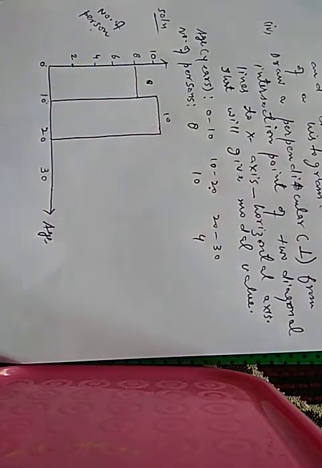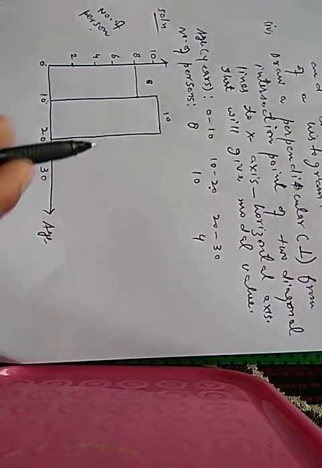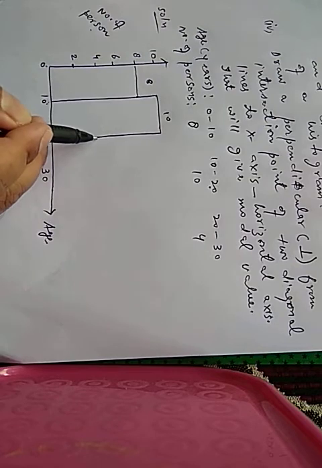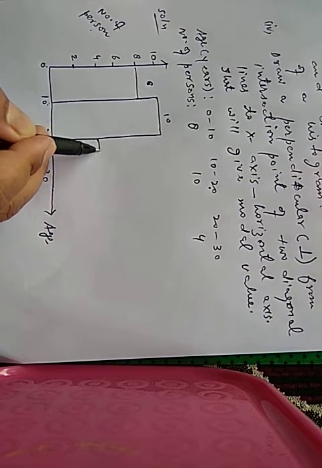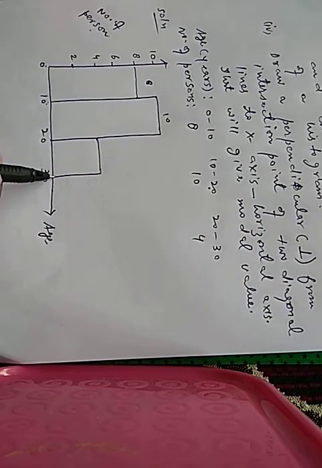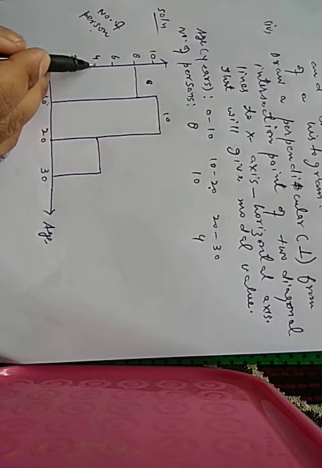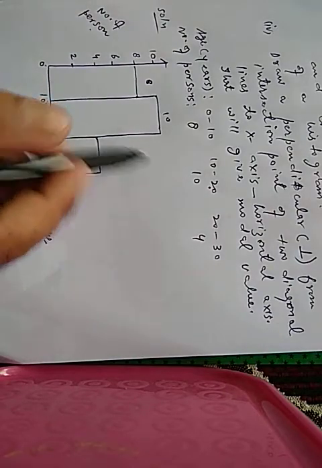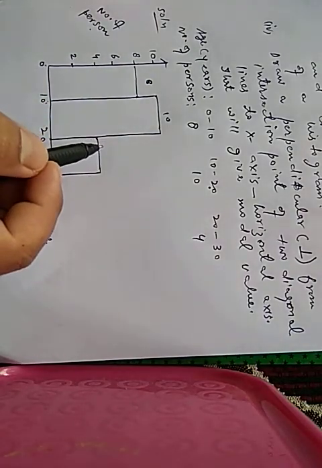And 20 to 30, there are 4 persons whose age lies between 20 to 30 years, जिनकी उम्र 20 से 30 साल तक है.